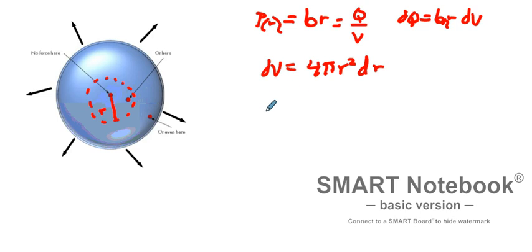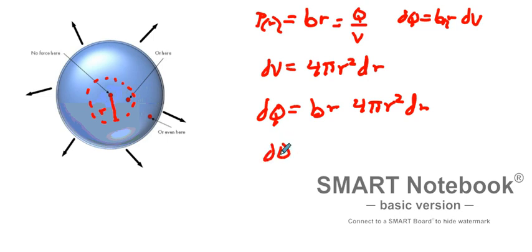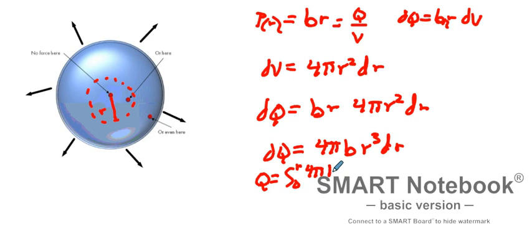So dq is equal to br times 4 pi r squared dr, or dq is equal to 4 pi b multiplied by r cubed dr. Now we're going to, of course, take the integral of this, and we're going to have q is equal to the integral from 0 to r of 4 pi b r cubed dr.